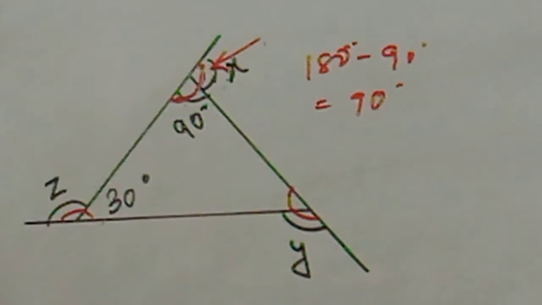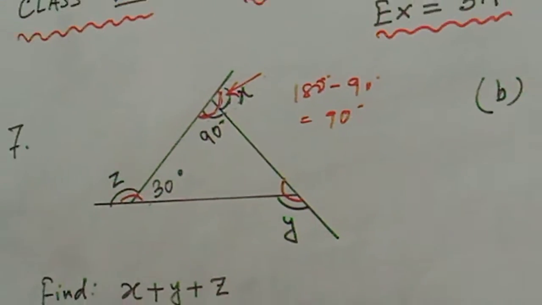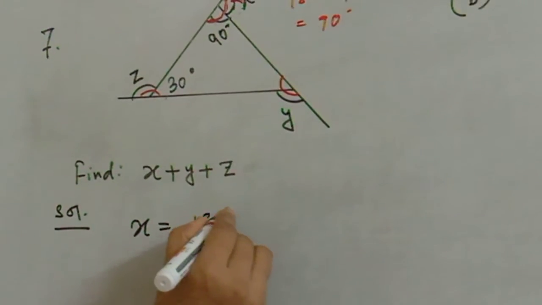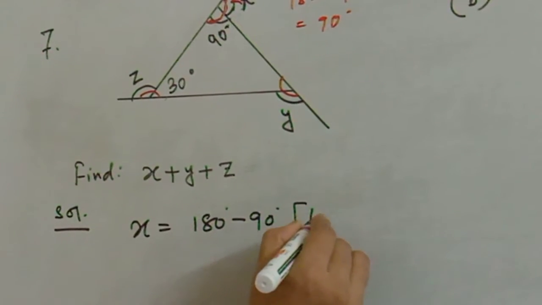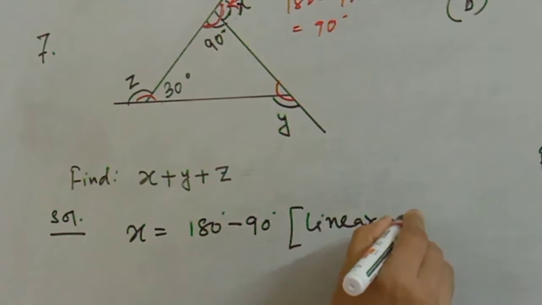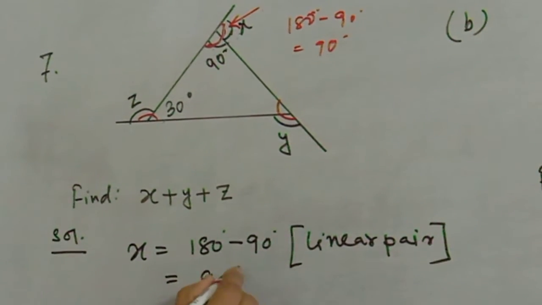So what you will write, solution of this sum, x is equal to 180 minus 90 degree. Why? Because linear pair. Therefore x is equal to 90 degree.